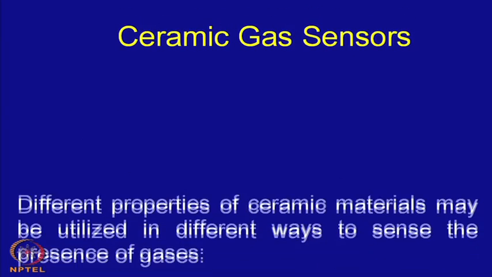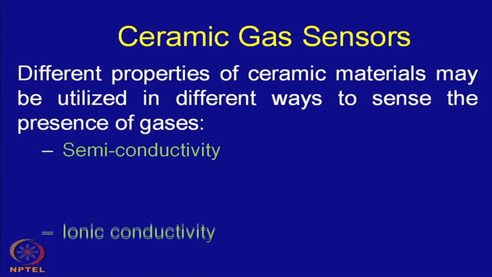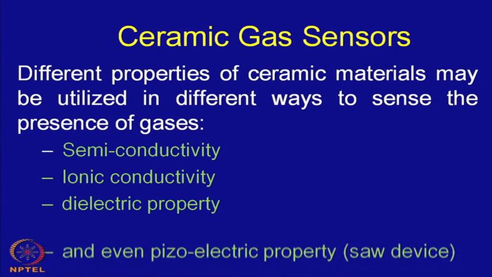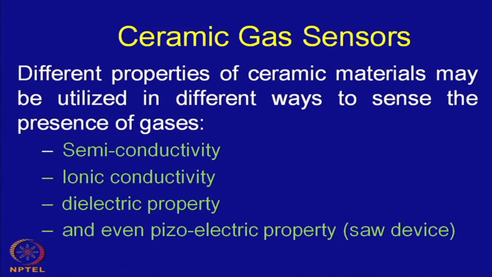What are the different properties on which sensors are based? Different properties of ceramic materials may be utilized in different ways to sense the presence or to measure the concentration of gases. In general, we are talking about an electronic signal. So, the most convenient way is to exploit the electrical conductivity of the oxides.